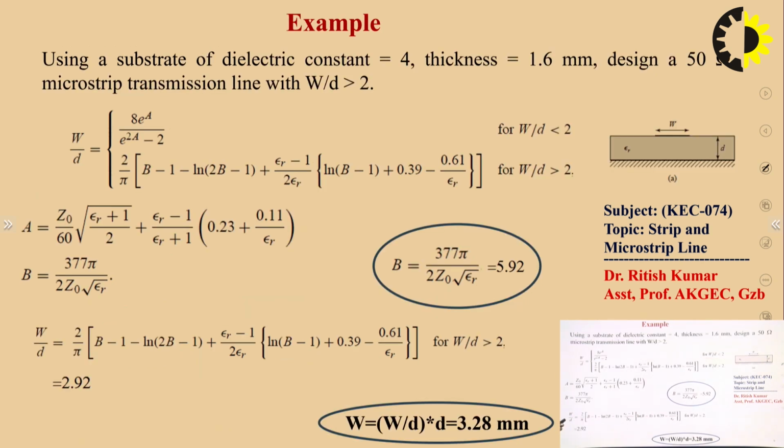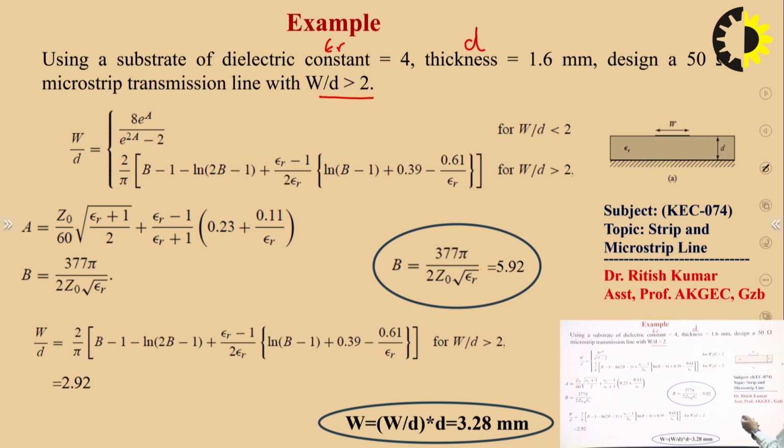If you have a question such as, for example, using a substrate of dielectric constant 4, that is epsilon r equal to 4, and thickness of the substrate d equal to 1.6 mm, design a 50 ohm microstrip transmission line with w by d greater than 2.